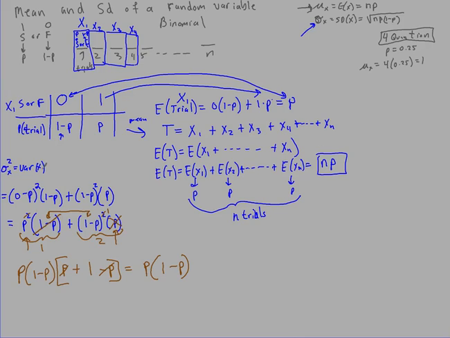So the variance of one trial, not all the trials, of one Bernoulli trial is p(1 minus p). So what's the standard deviation of one trial? It would be the square root of p(1 minus p).